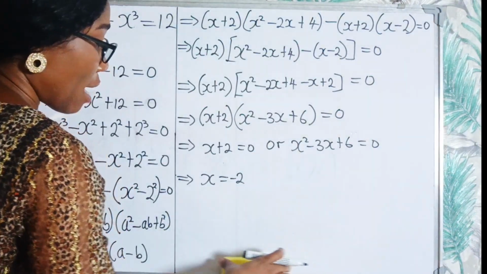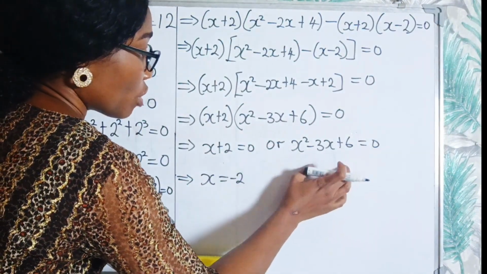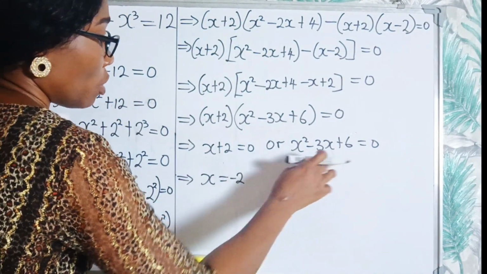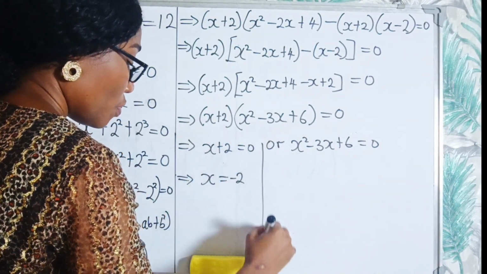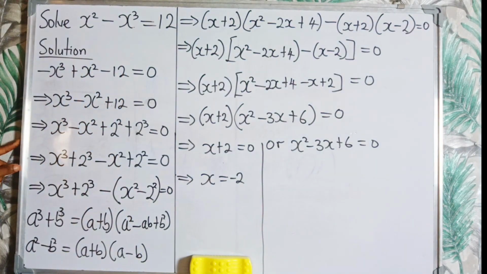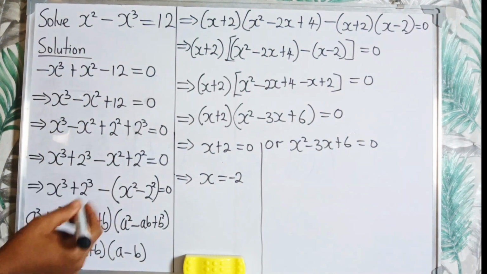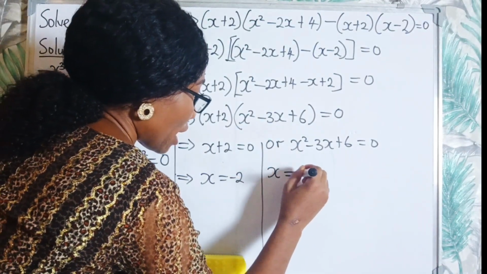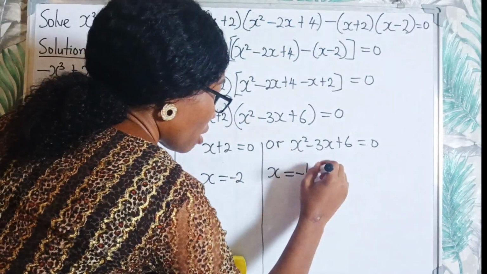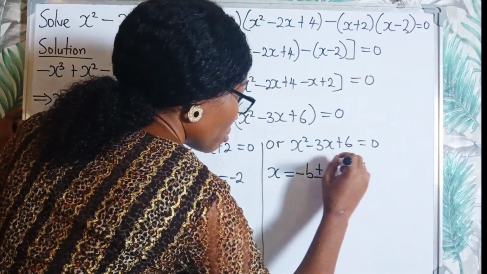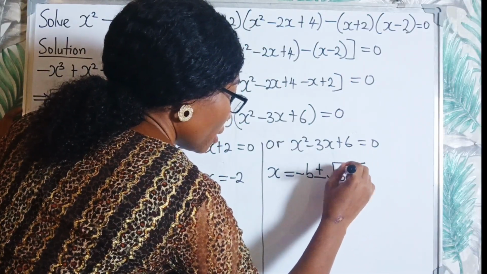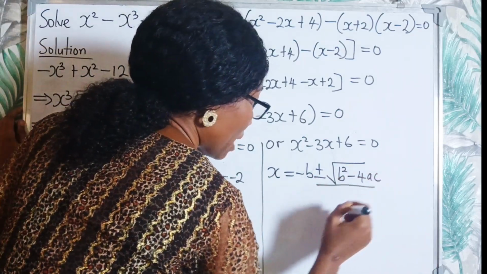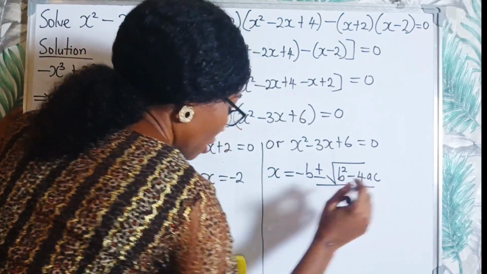But for this, looking at it, we cannot factorize this. So we need to use a quadratic formula to solve this. So using the quadratic formula, we're going to have x equals minus b plus or minus the square root of b squared minus 4ac divided by 2a.